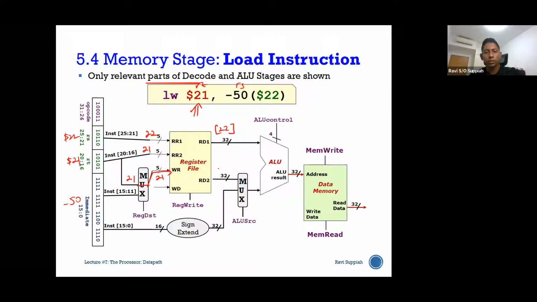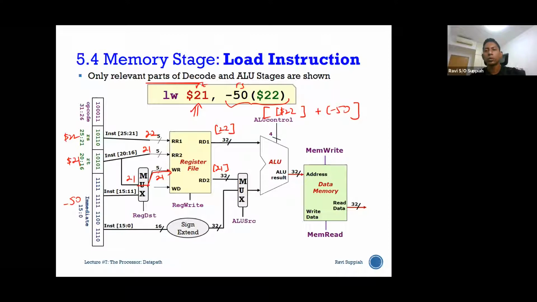This RD2 also has the content of register 21, but we are not going to use this, because the ALU operation we are going to carry out is the content of register 22 added with -50.